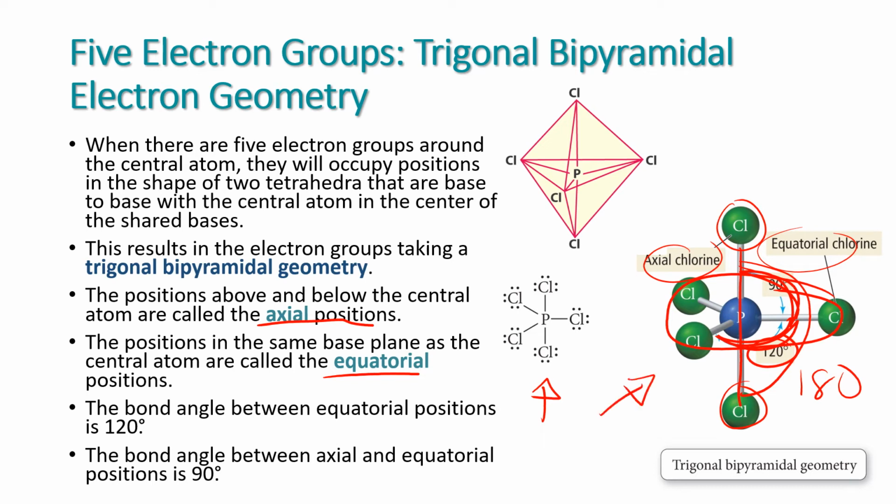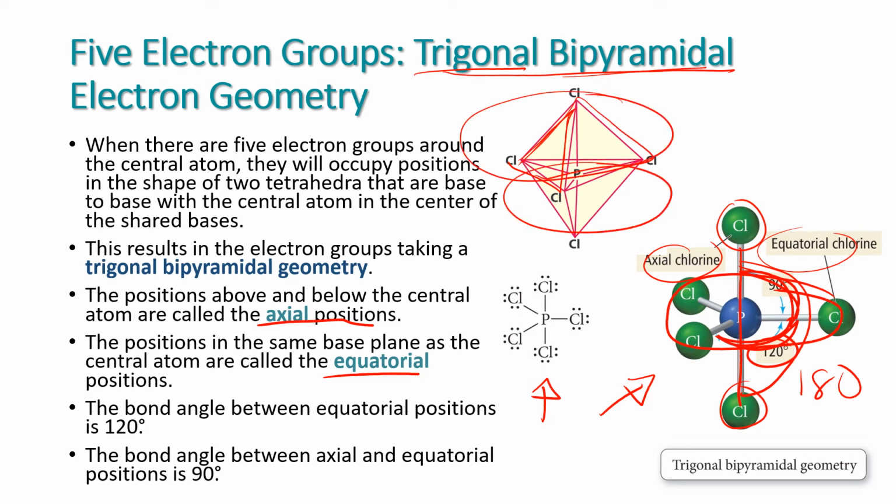And then to explain what the name of the shape means, trigonal refers to the face, right? So it's a triangle. And then the bipyramidal refers to the fact that we have 2 pyramids stuck together on the top and then the bottom. I hope you guys can see that. We have a pyramid basically up here, right?